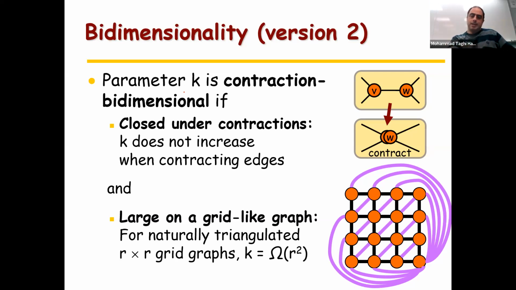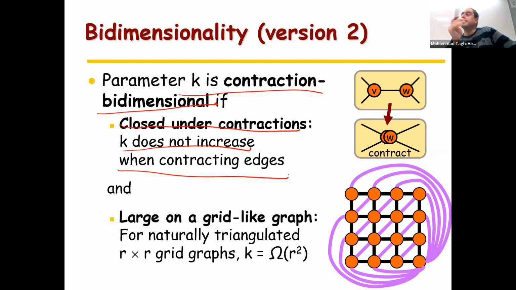A parameter K is contraction bidimensional if it is closed under contractions only. It means that K does not increase when contracting edges. What's the meaning of that? It means that if you delete an edge, the size may go up. This contraction closure is absent in the Robertson scheme model. And this is the bidimensionality word that is considered. The same thing, it should be large on a grid-like graph.